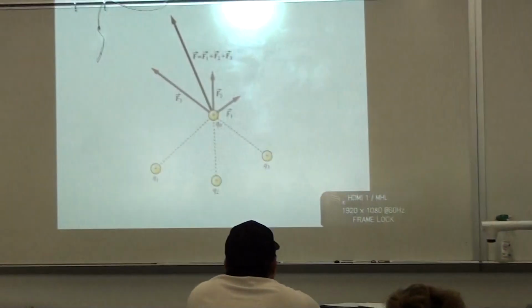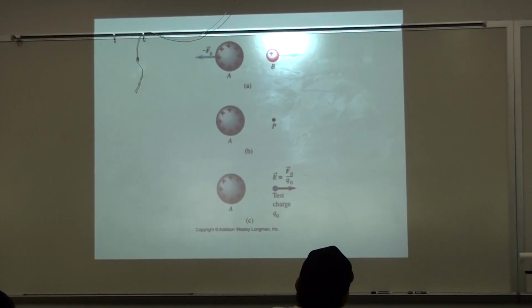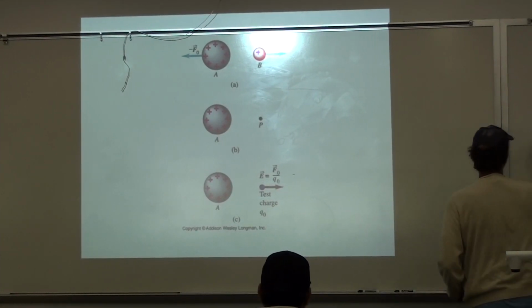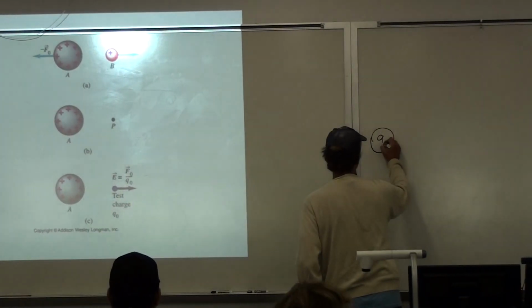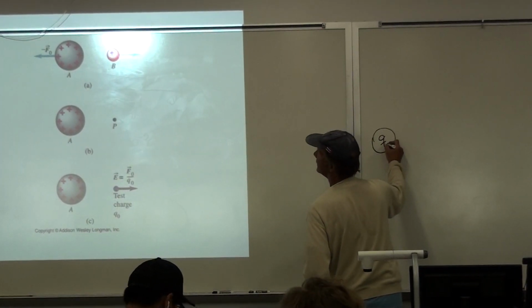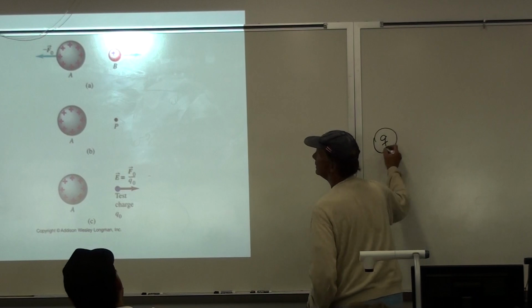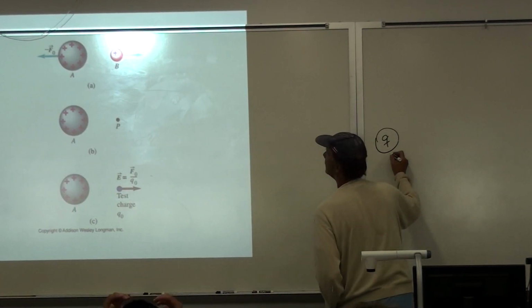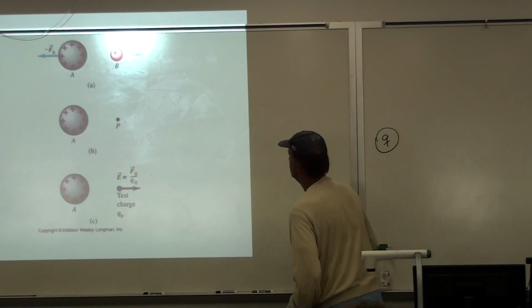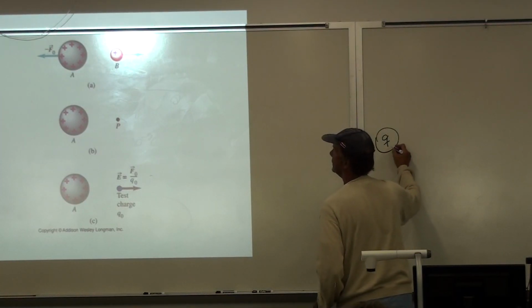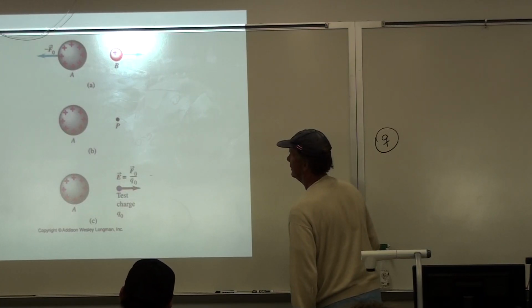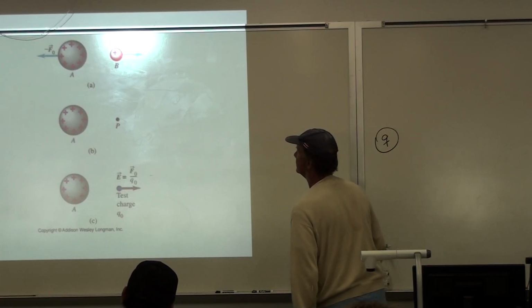I know sometimes the concept of an electric field is confusing. You can say, well, why do these two charges have an effect on each other? Let's call this Q naught.